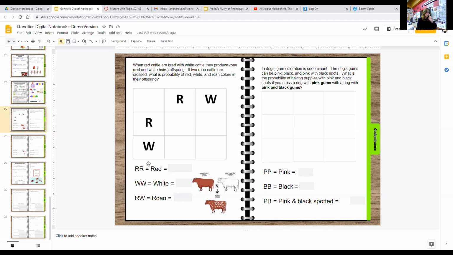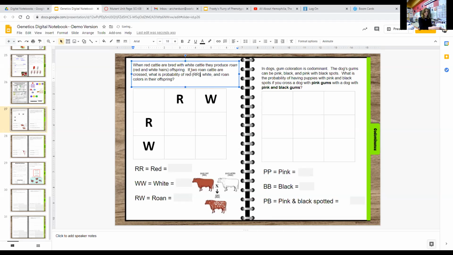So if a cow is red, it's going to have RR. R means red. If it's white, it's going to have WW. W stands for white. And if it's roan, it's going to have one of each, a red and a white.